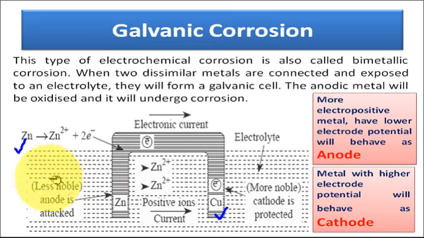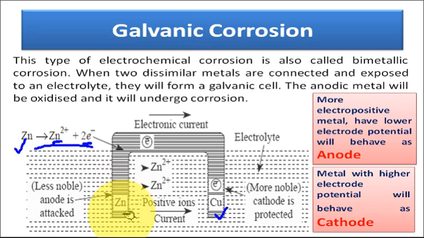So we know that at the anode, what reaction takes place? At the anode, oxidation takes place. So oxidation means zinc undergoes oxidation and is converted into zinc plus 2 ions, and electrons are released at the anode.